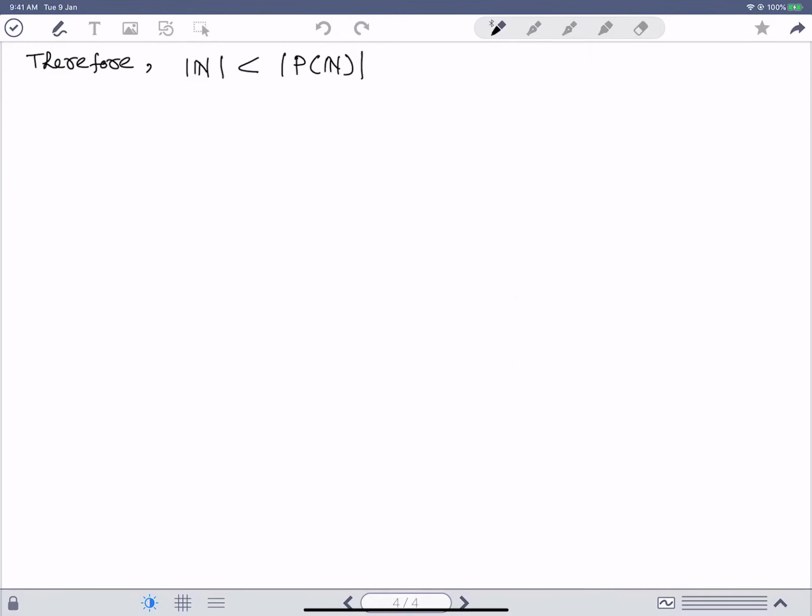Therefore, the cardinality of n is strictly less than the cardinality of the power set of n.